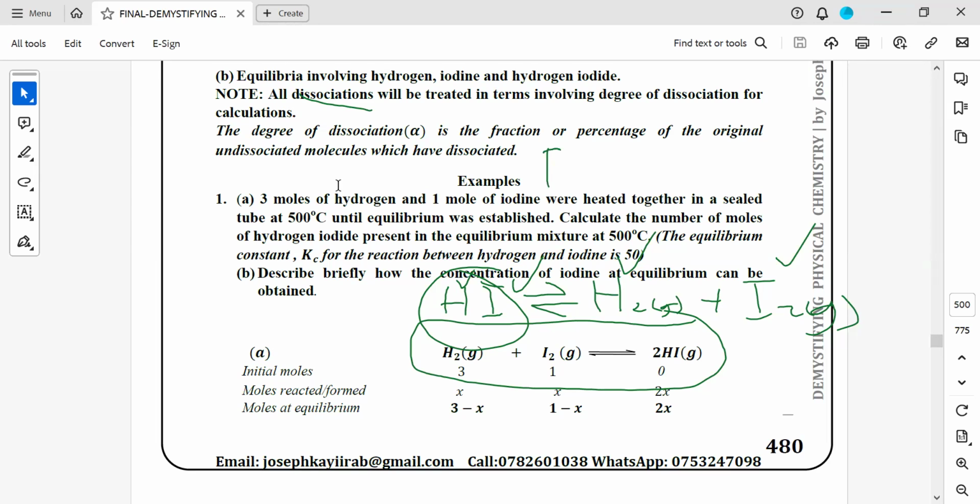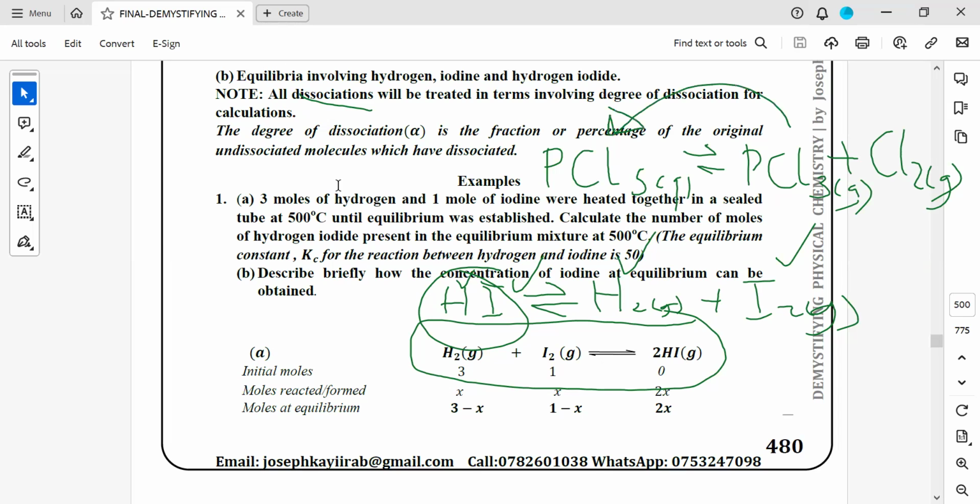For example, phosphorus pentachloride will dissociate to give us phosphorus trichloride plus chlorine gas. At this point we involve the degree of dissociation, because you're breaking that compound to give you its exact constituents. If it's the other way around, you may not need to apply the degree of dissociation because you're forming that compound, so nothing is being dissociated. I hope that is well understood.